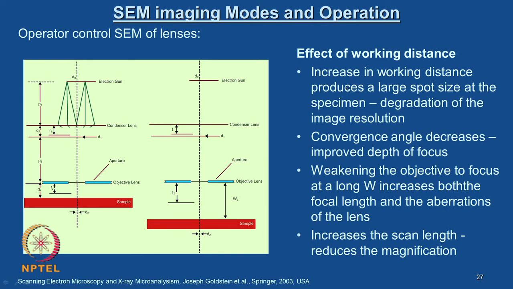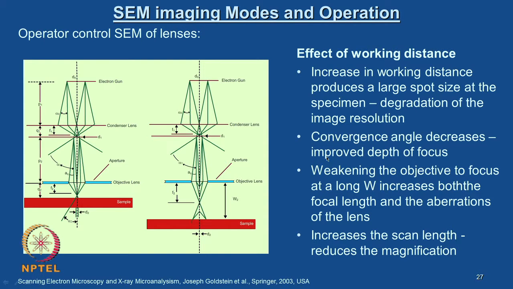So, we summarize this: an increase in working distance produces a large spot size at the specimen, which will cause degradation of the image resolution. Also, the convergent angle decreases, which will result in improved depth of focus.